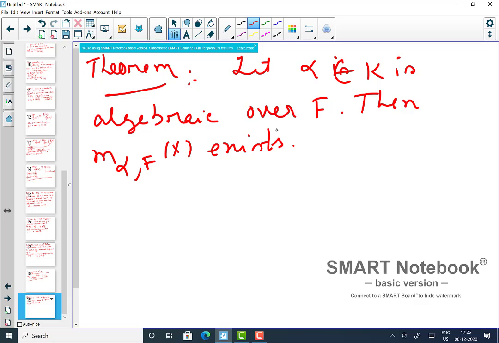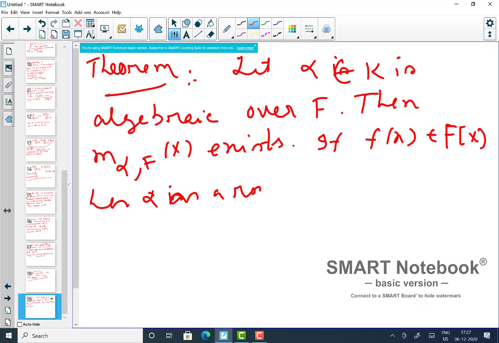Not only that, you can say many things. You can say that for any polynomial f(x) belonging to F[x], alpha is a root of f(x) if and only if m_{alpha,F} divides f(x).